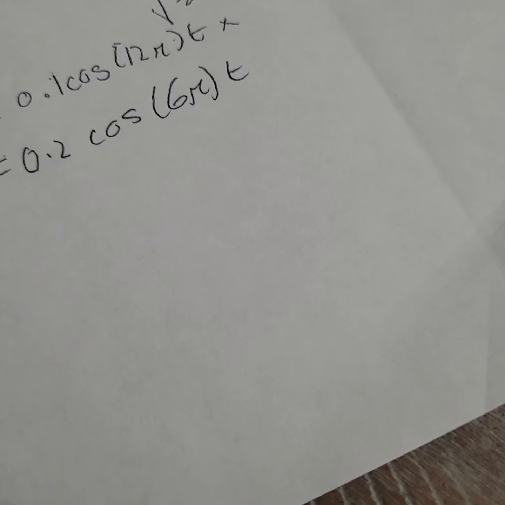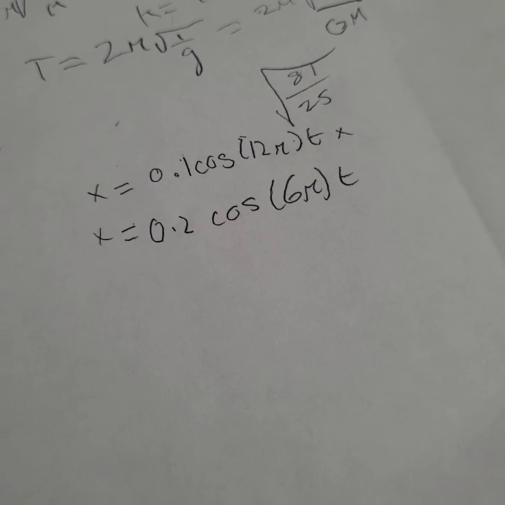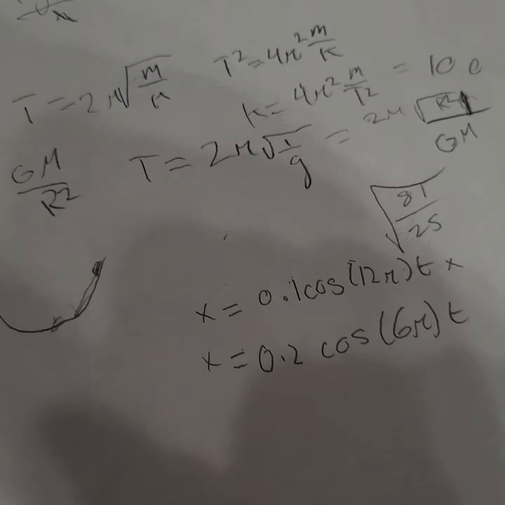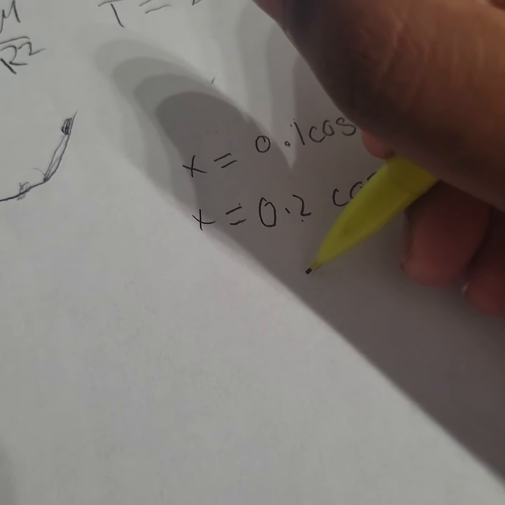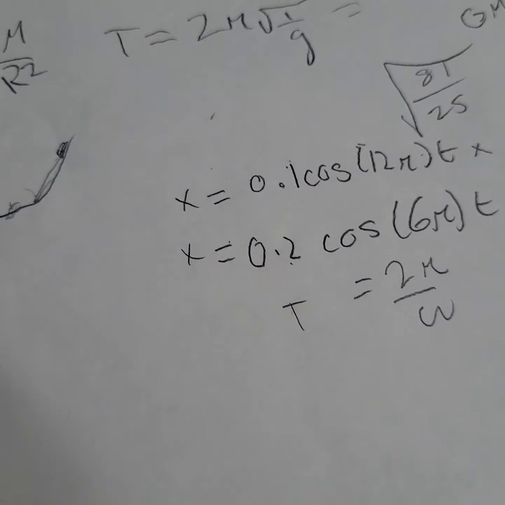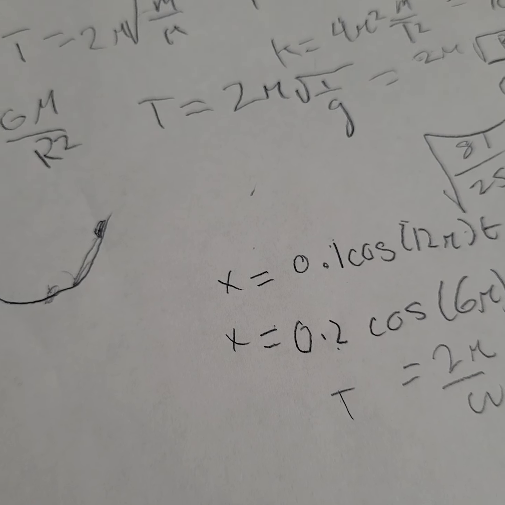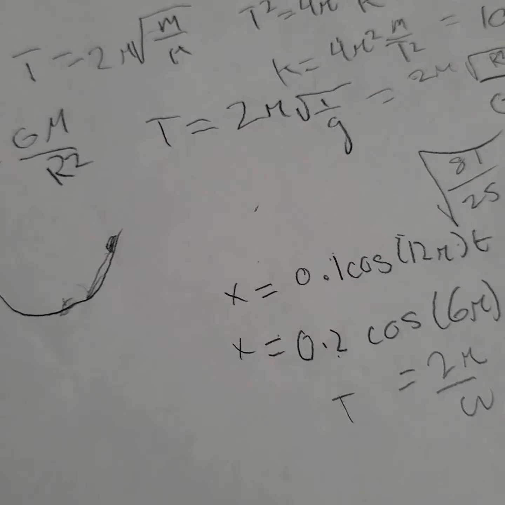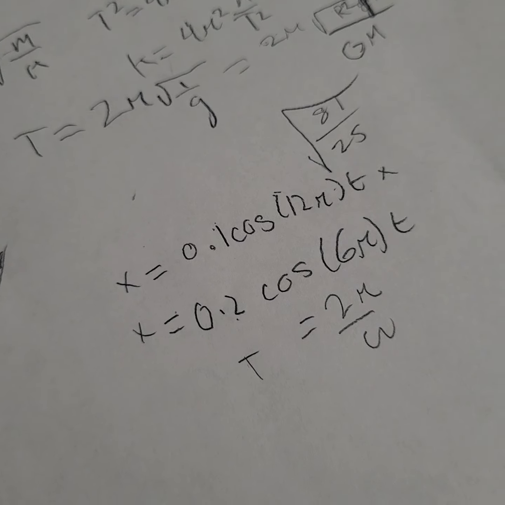So now what you've got to do to figure this out is you can just use the equation T equals 2 pi over omega. So as omega increases, the period should decrease.